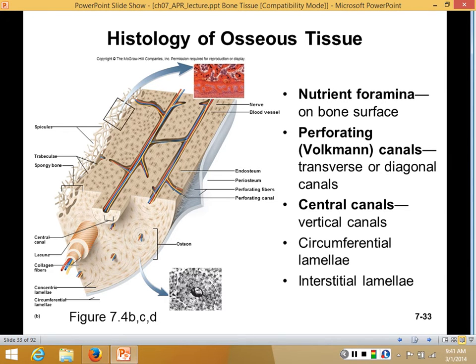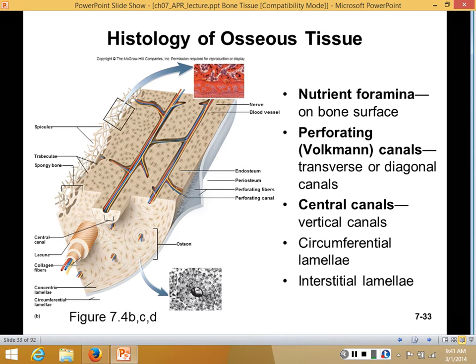The perforating canal right here, which is also called the Volkmann's canal, is going to intersect or bisect with the central canal. That's where you have your nerves, your arteries, and your blood vessels going on there.